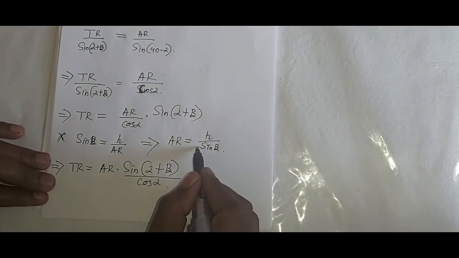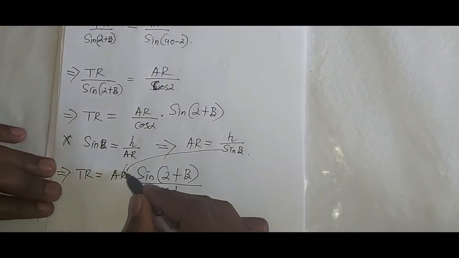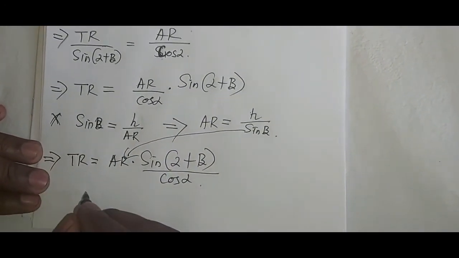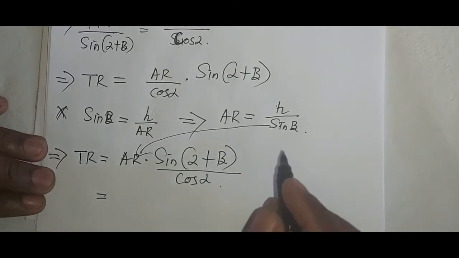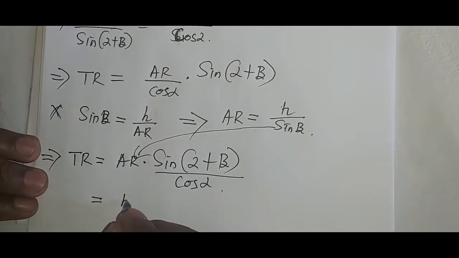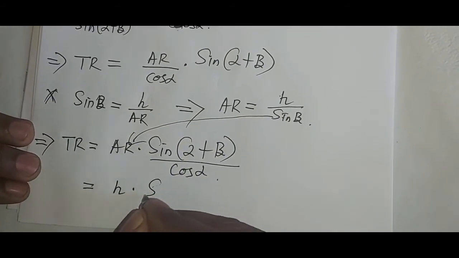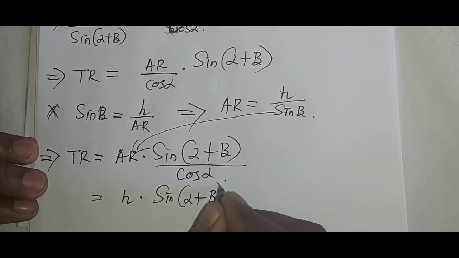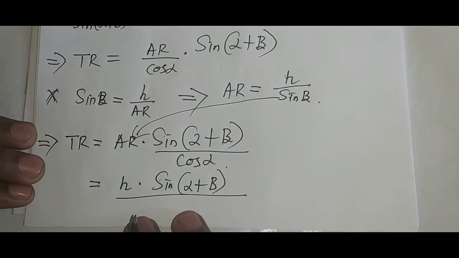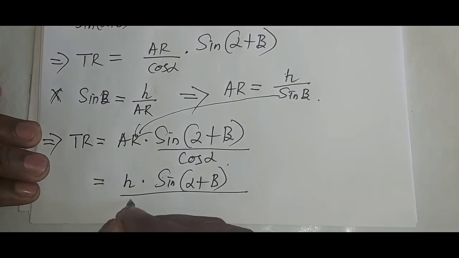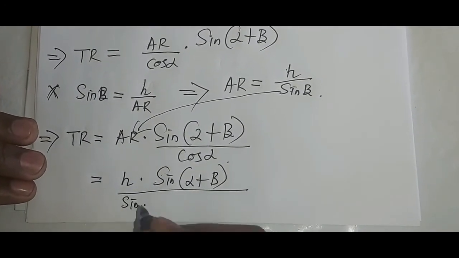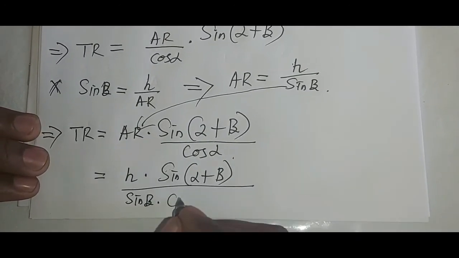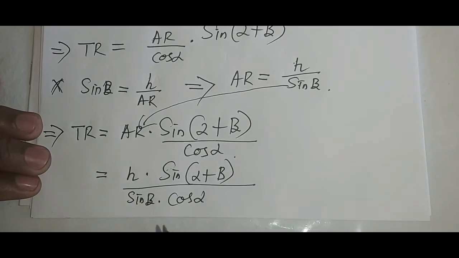And in this case, I will replace my AR with h over sine beta, which now means it's equal to h multiplied by sine of alpha plus beta all over sine beta multiplied by cos alpha.